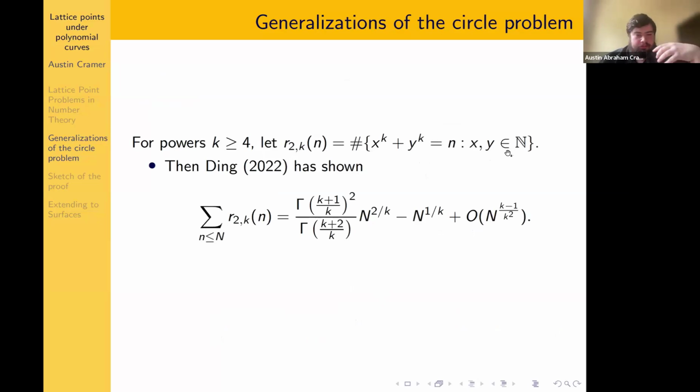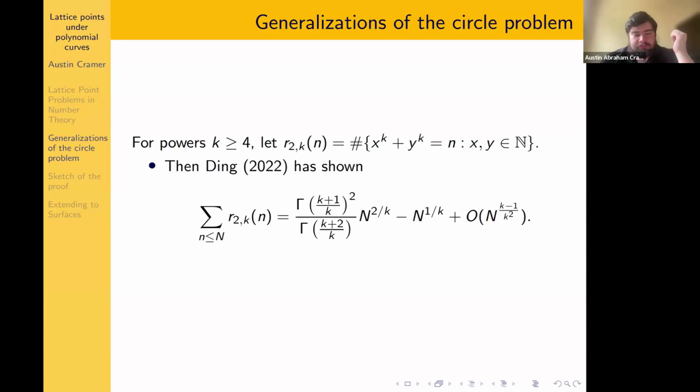Then another one of Bob's students, Pengyong Ding, showed back in 2022 that when you sum up this average, R2k of n, you get again this similar looking formula, this ratio of gammas times n to the power of 2 over k, minus n to the 1 over k, and your error term is on the order of n to the (k minus 1) over k squared. Interestingly, it's pretty much as soon as you get to powers that are larger than 2 that the logs start disappearing from the error term.